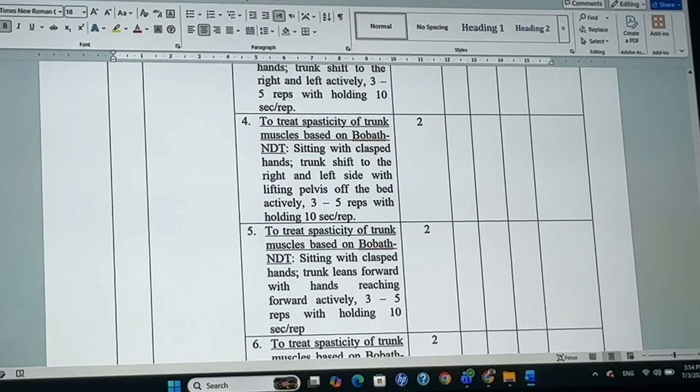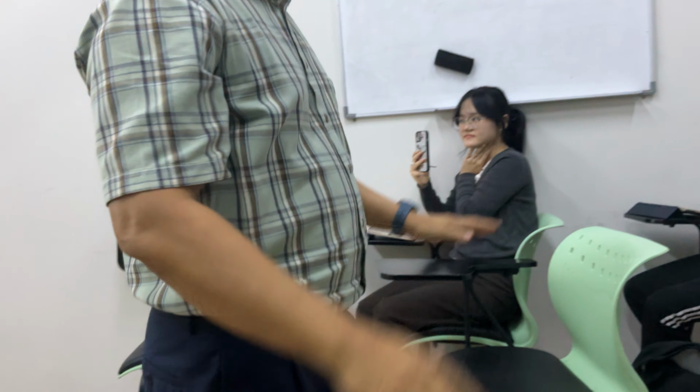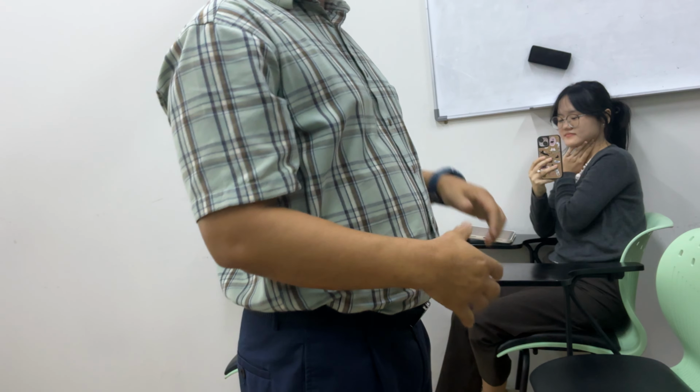Or you can sit like this, side flexion, or lean your trunk away from the affected side.